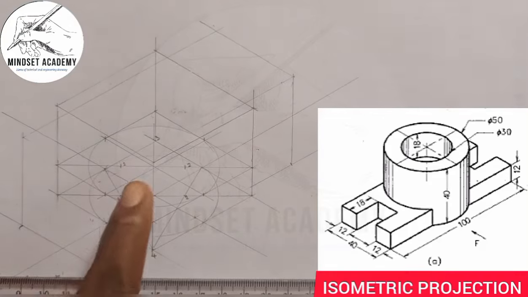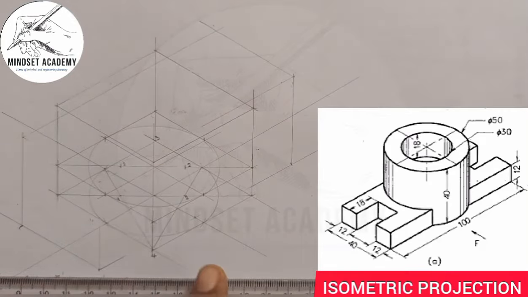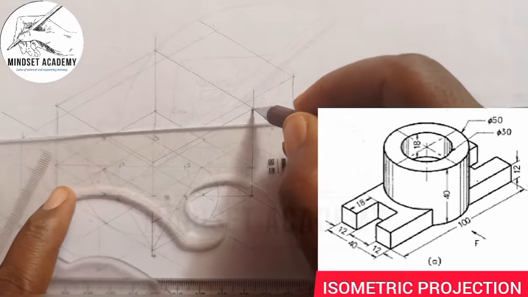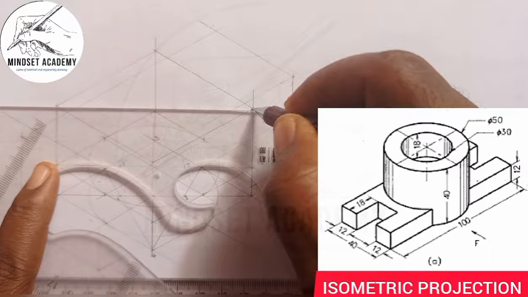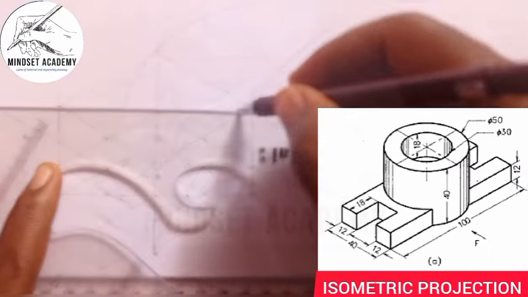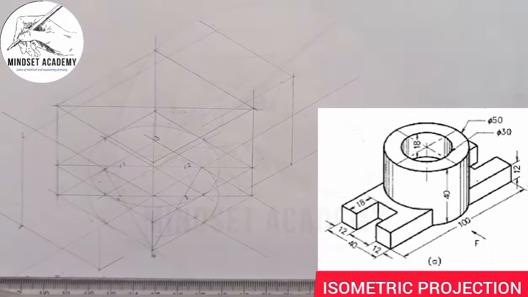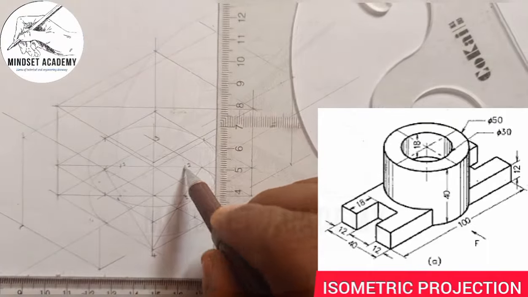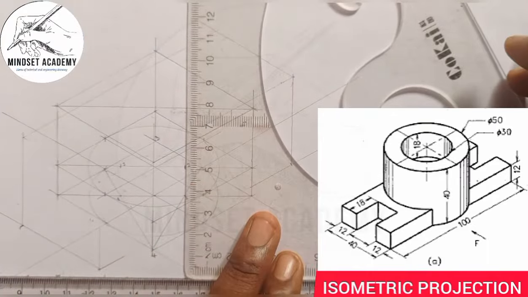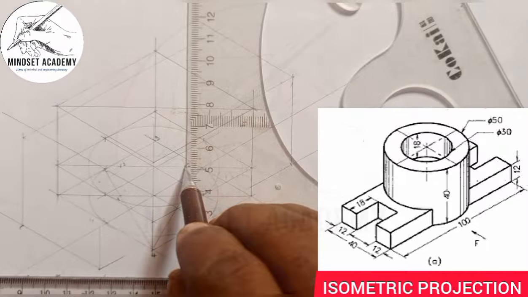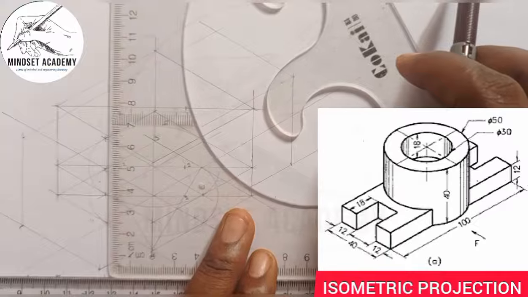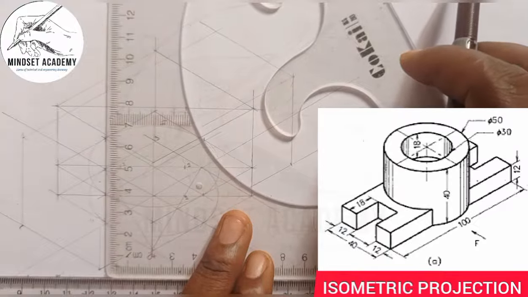So I brought another layer where I want to construct another circle. So I will join the diagonal together from here to here. Can you see that? And I'll transfer the point 2 from one diagonal to another. So this point 2, I'll get it at this point, and this point 1 here.